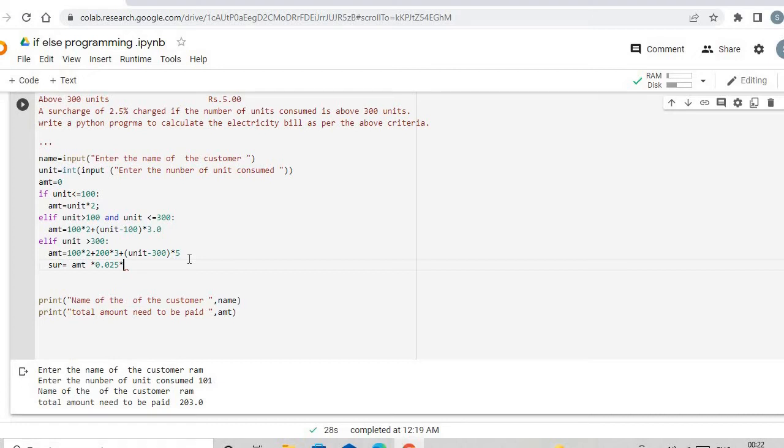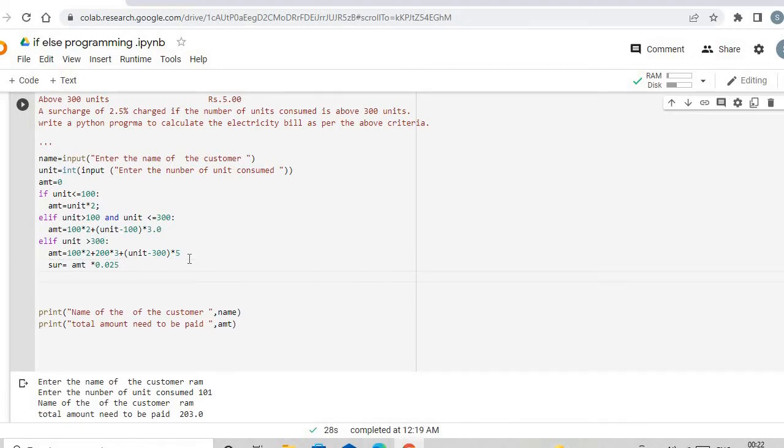Okay, so we are calculating the surcharge against the total amount, that is 0.025, that is the 2.5%. Now we have to print the surcharge also.